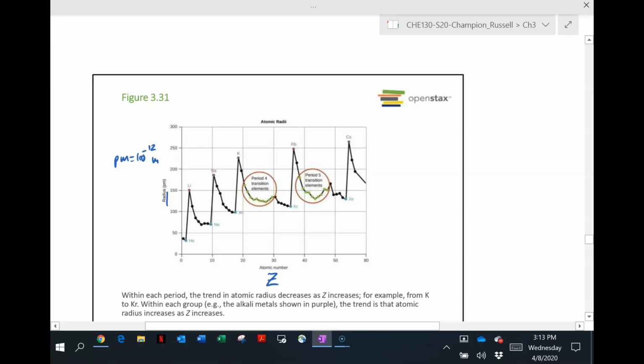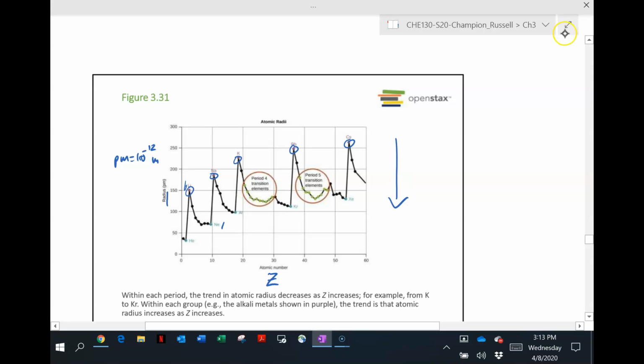And you see what happens is that as you go across a row, say from lithium to neon, generally the radius goes down, and then when we jump up to the next row, it goes up quite a bit. So if you're looking from row to row to row, from lithium to sodium to potassium to rubidium to cesium, there you see that's the down trend.